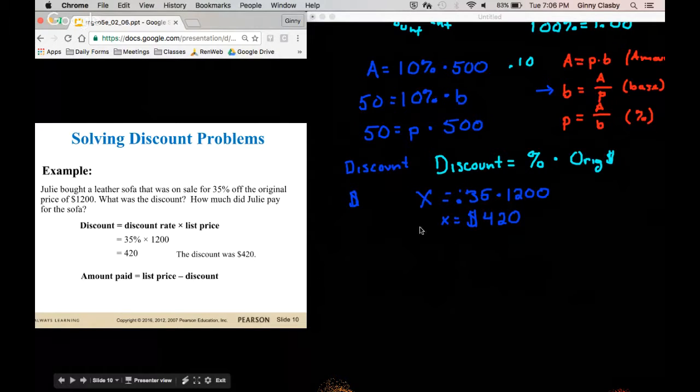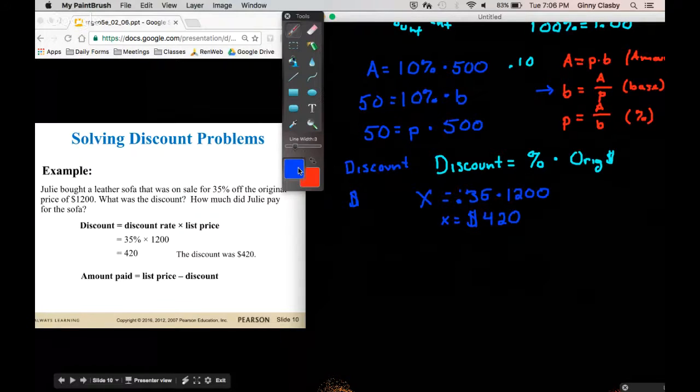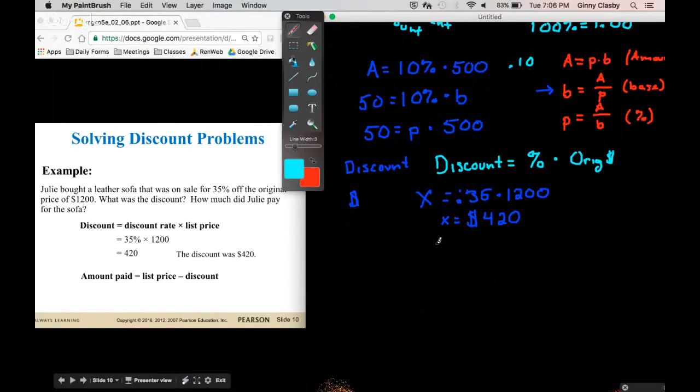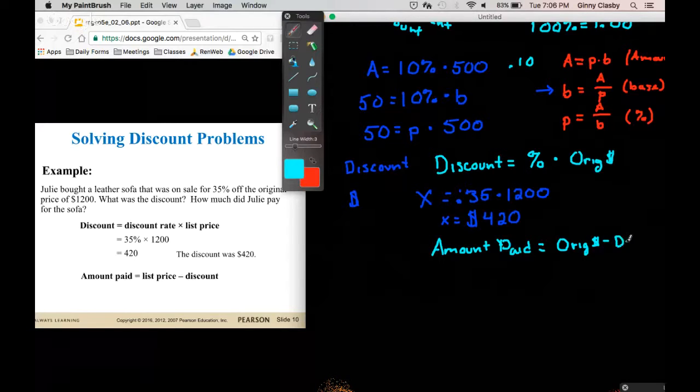The important thing is you need to make sure you answer the second part to that question. The second part is going to have another formula, where your amount paid is going to equal whatever the original price was minus your discount.